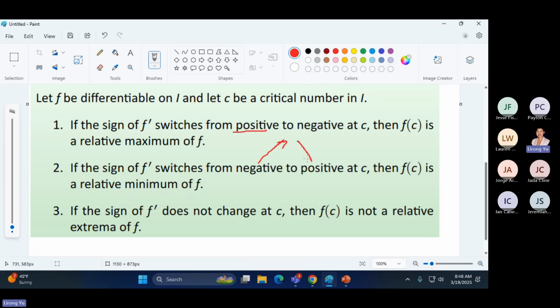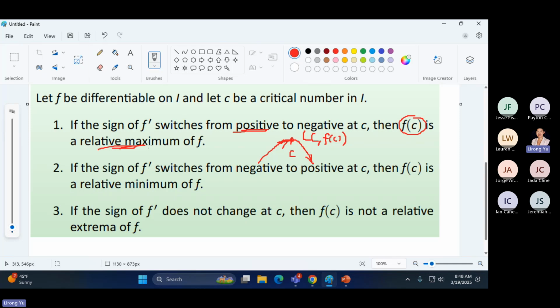Negative means it's decreasing, and right in the middle is where c is. So if f prime turns from positive to negative at c, then f of c, which is the y value, must be a local relative maximum. So that's the first scenario.